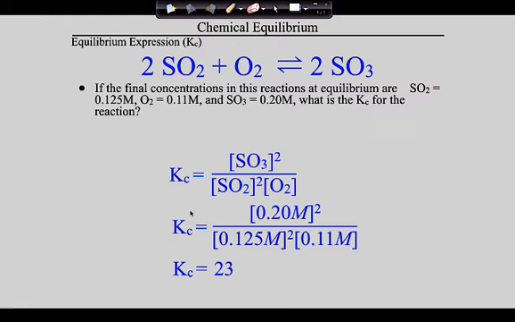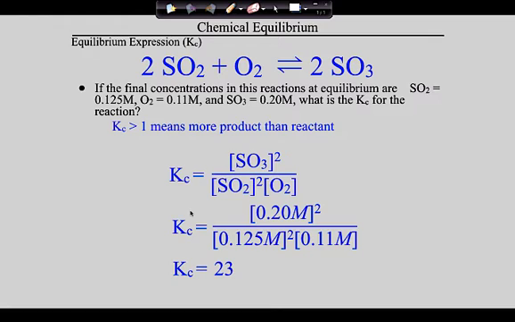Does that make sense? So guys, what does that then mean? The summary is this. If you have a Kc value that's greater than 1, you have more product than reactant. You've got to understand that. Kc values greater than 1 mean you've got more product than reactant, but doesn't that make sense because products are in the numerator?